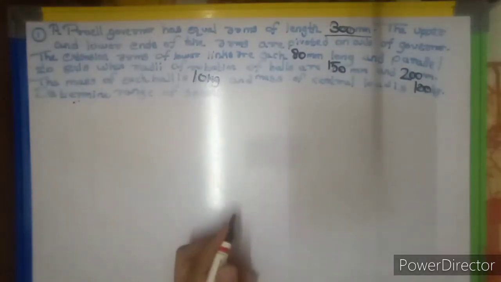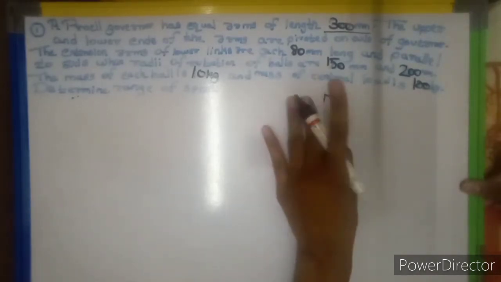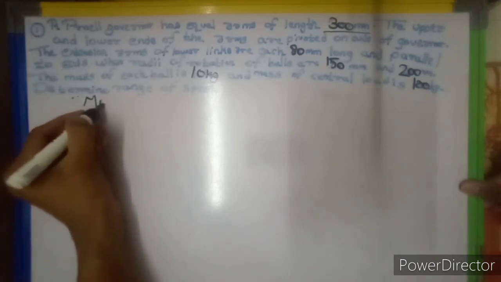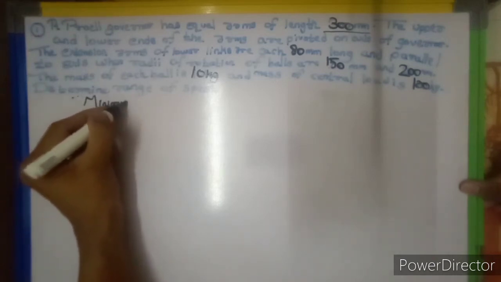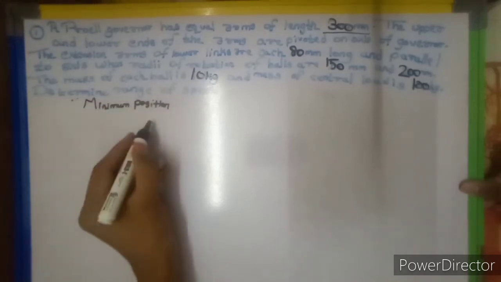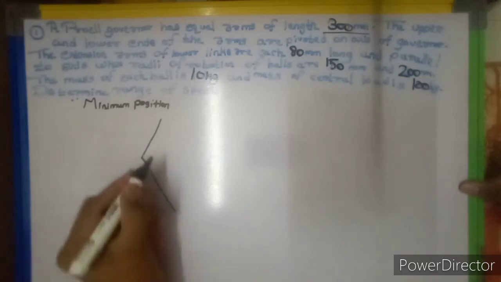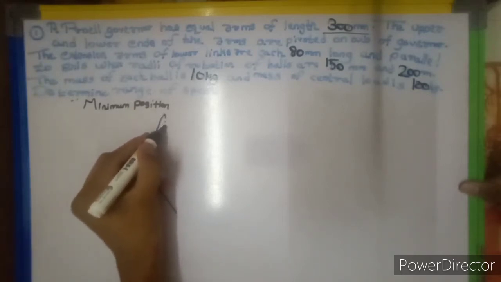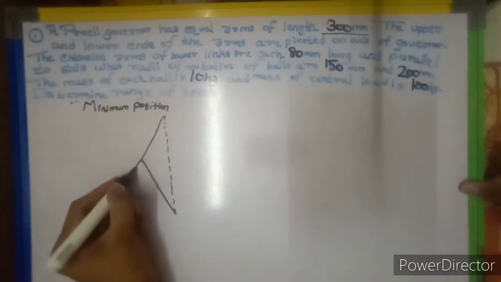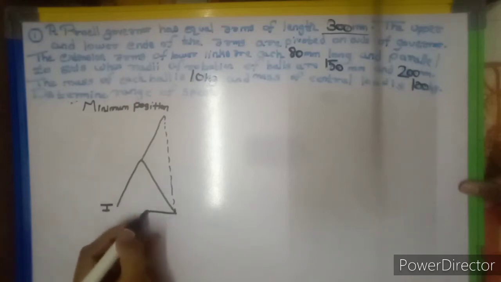So let's go with the problem. Let us first consider the minimum position. I will draw the diagram here. As we know, take the half part. It is directly joined with the axis. Then extend it backwards and join this.